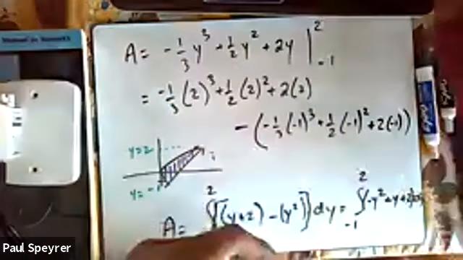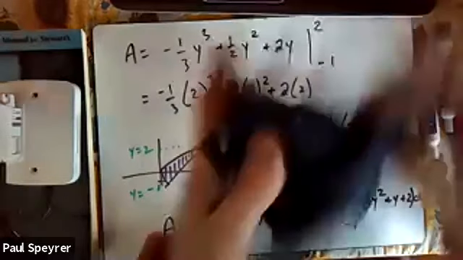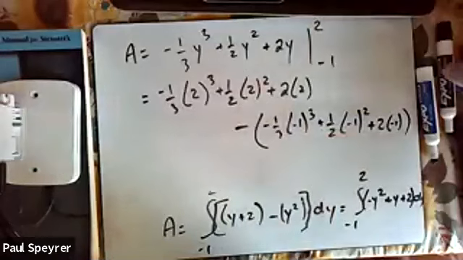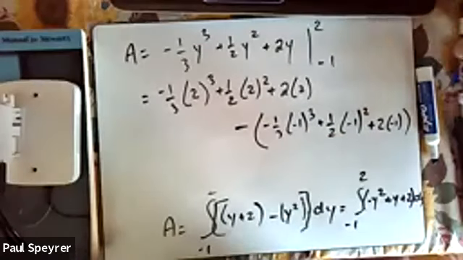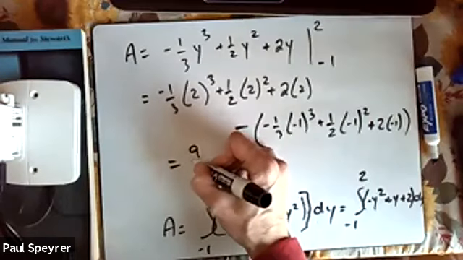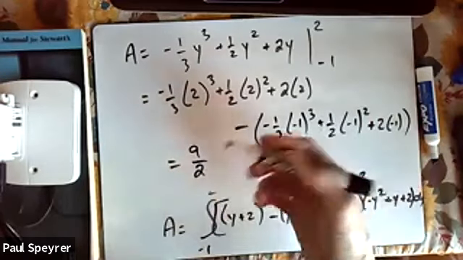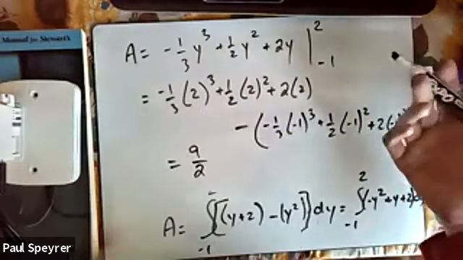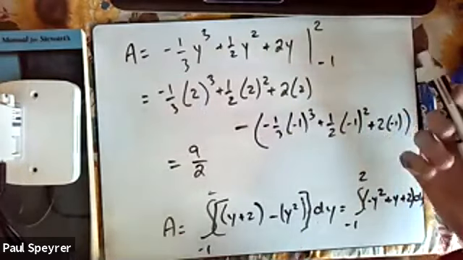So carefully simplify all that stuff. And if you get it right, you are going to come up with 9/2. I know in the last problem, we also came up with 9/2. It's just a coincidence. Just a coincidence, right?